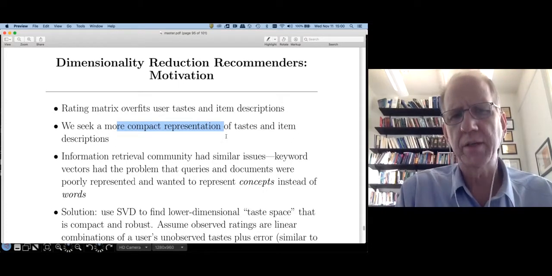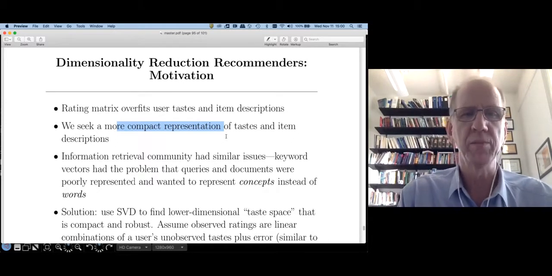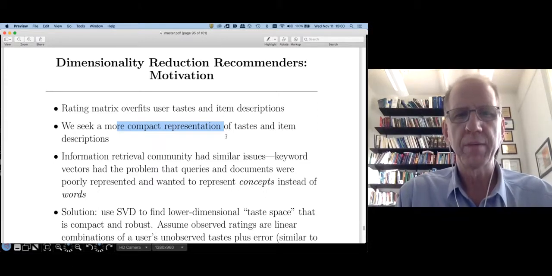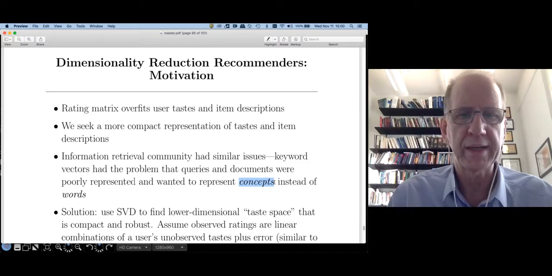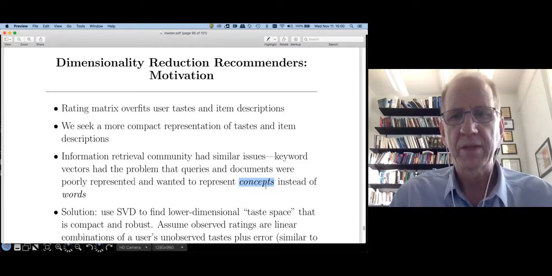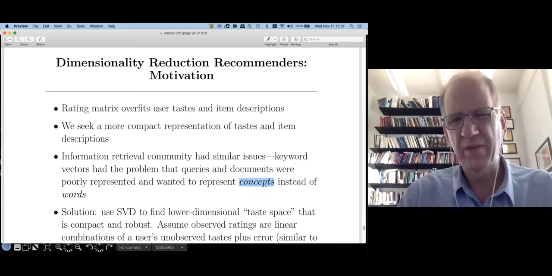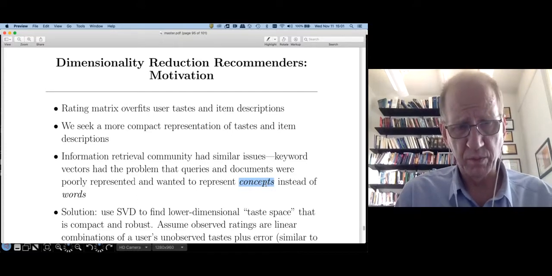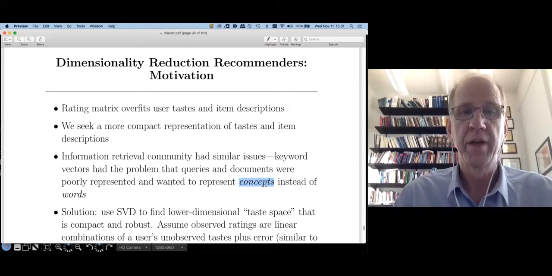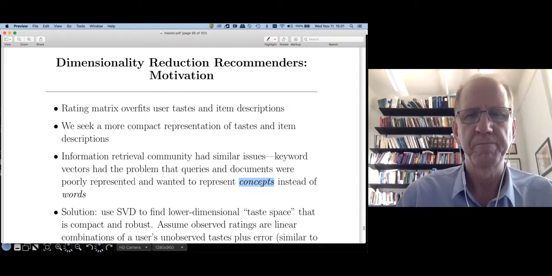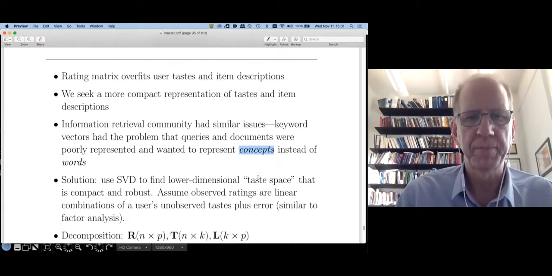I'll just mention that information retrieval has had similar issues, and they've come up with methods like latent semantic indexing that identifies concepts that explain what's part of a document. These concepts are at a higher level than just mere words. Words we can observe, but concepts have to be inferred by the words that are part of the document. They're latent ideas, just like factor analysis.